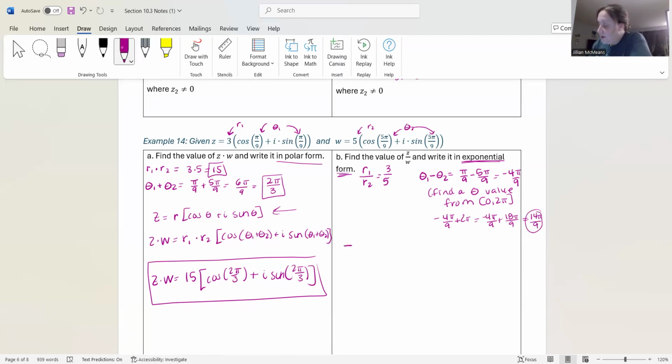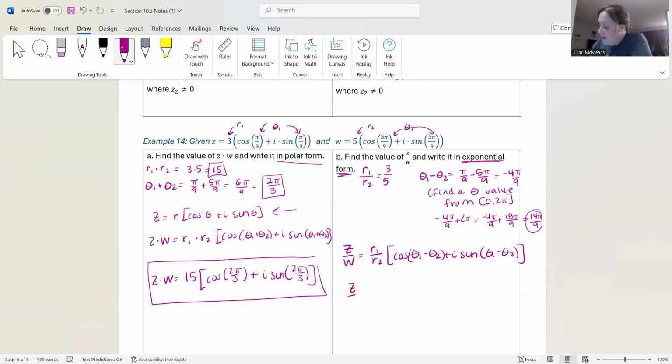So that is going to give us z divided by w. Now remember, z divided by w is r1 divided by r2 times cosine of theta 1 minus theta 2 plus I times sine of theta 1 minus theta 2. We've luckily already done our side work for the r's and the thetas.